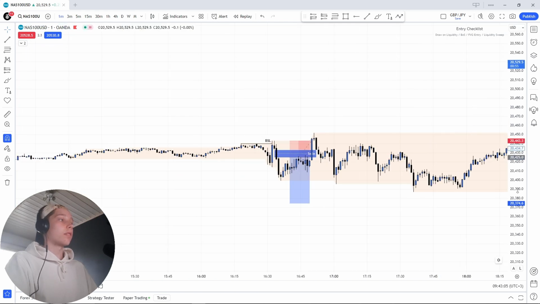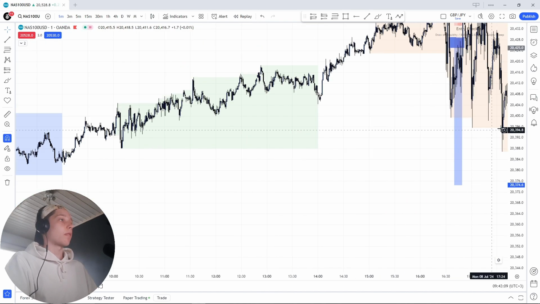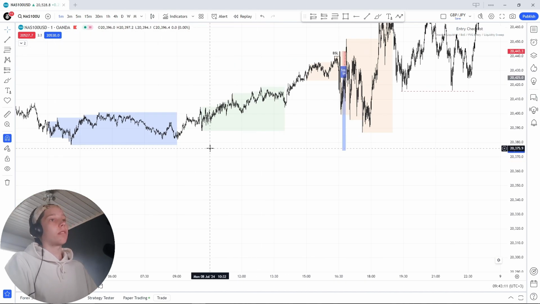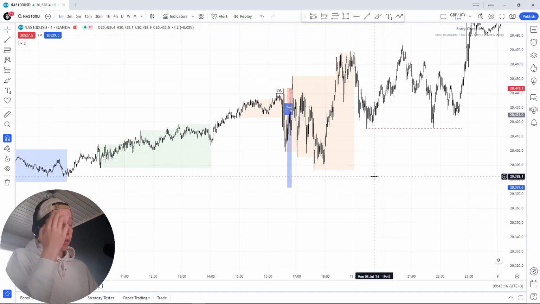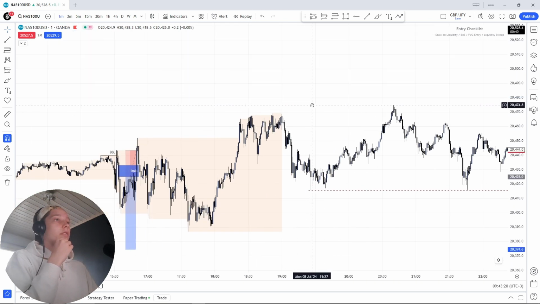You can see how yesterday I took a loss here. In my opinion, that was a bad trade. I don't have a clear strategy plan for trading Nasdaq right now, so I should refine my strategy a little bit more.